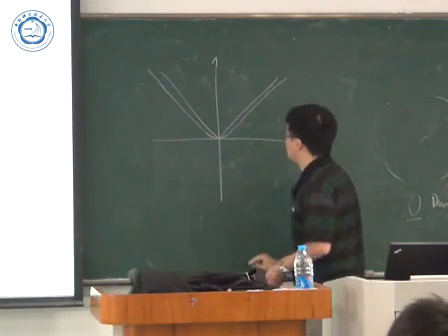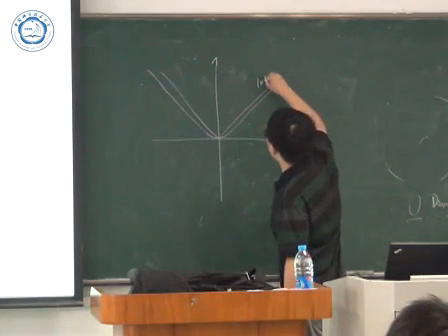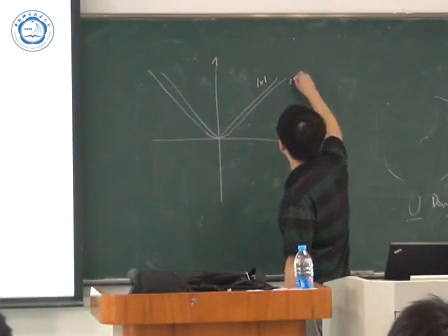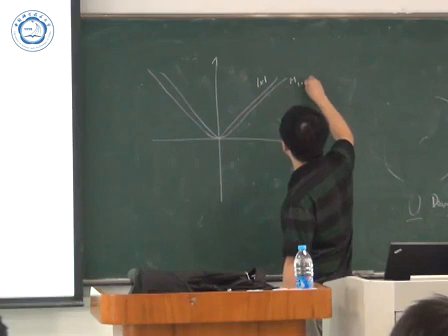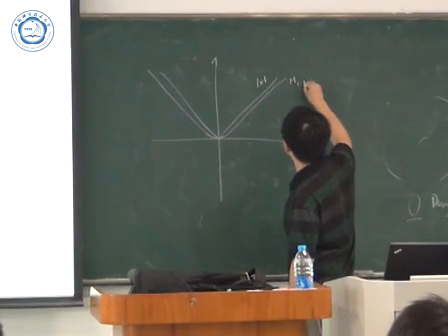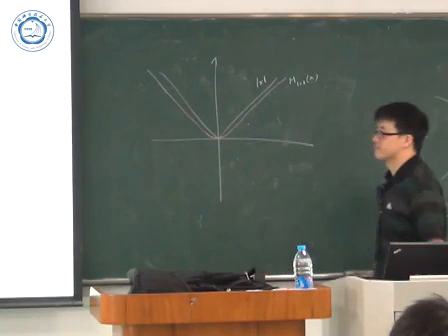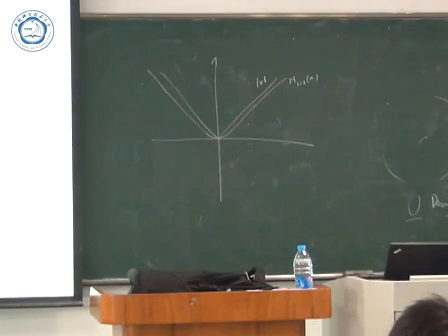All right. This white function is the absolute value of x. This blue function is the Moreau envelope of the absolute value function, with input x. So the Moreau envelope is just smooth stuff.